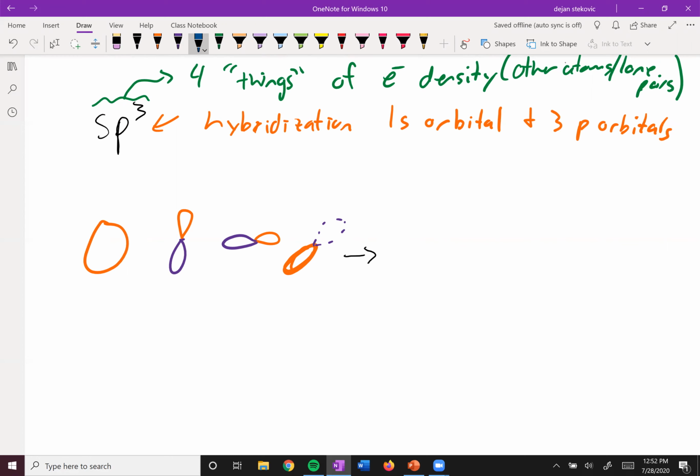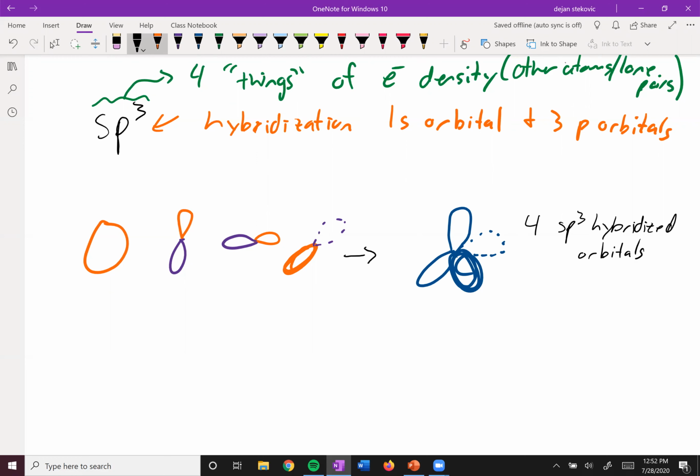And these sp3 orbitals all combine to make a tetrahedral shape. So we've got one orbital going up, one to the left, one coming out of the board, and one going into the back of the board to form a tetrahedral shape. So this is four separate sp3 hybridized orbitals.